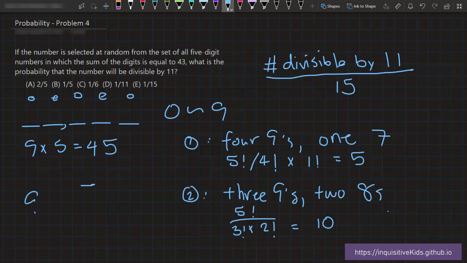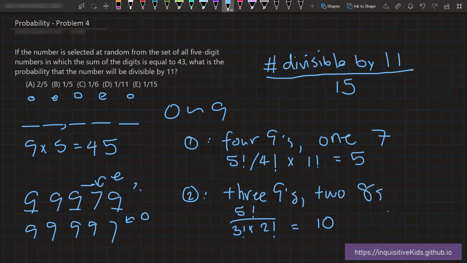Well, we could have 99979, where 7 is on an even place, or 99997, where 7 is on an odd place. Now let's see if each of these work out. If we look at 9 plus 9 plus 9, which is 27, and we have 27 minus 9 plus 7, which is 16, we get 11.